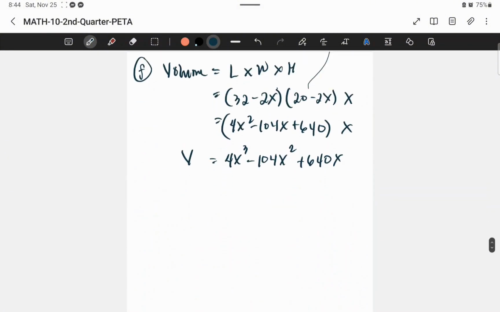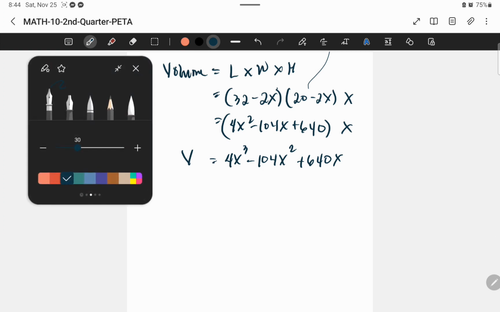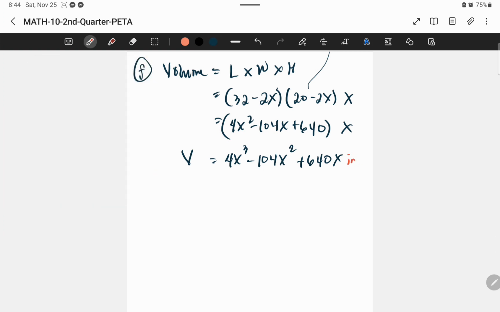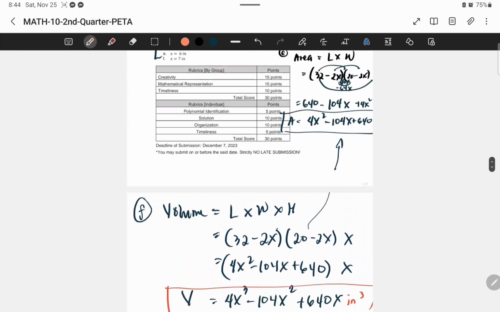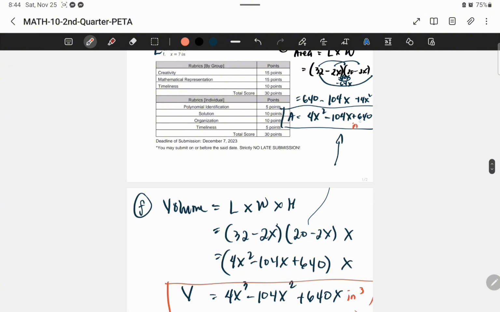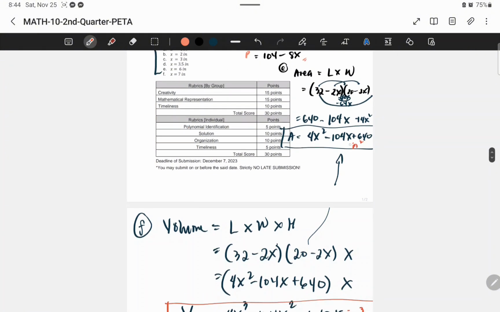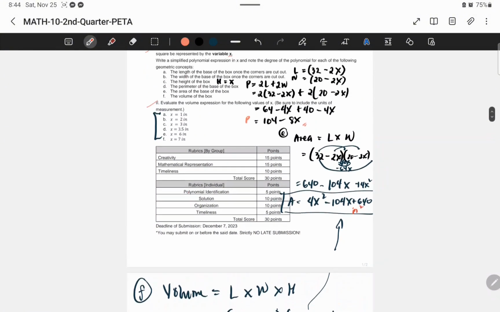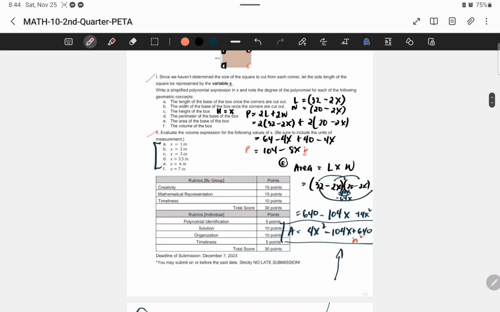Okay? And don't forget the unit pala, no? So, this one is the cubic inches. Tandaan, kapag volume, laging naka-cubic yung ating units. Then, kapag area naman, naka-square unit. So, this is square units. And itong mga perimeter, inches lang yan. Yung width, inches lang. And yung length, inches lang din.